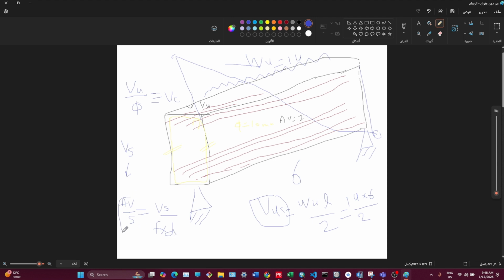Now the AV over S is simply equal to, we have these two stirrups, two legs of this stirrup. Again, what I need to explain, if we have another stirrup right there, maybe we'll have another stirrup here.